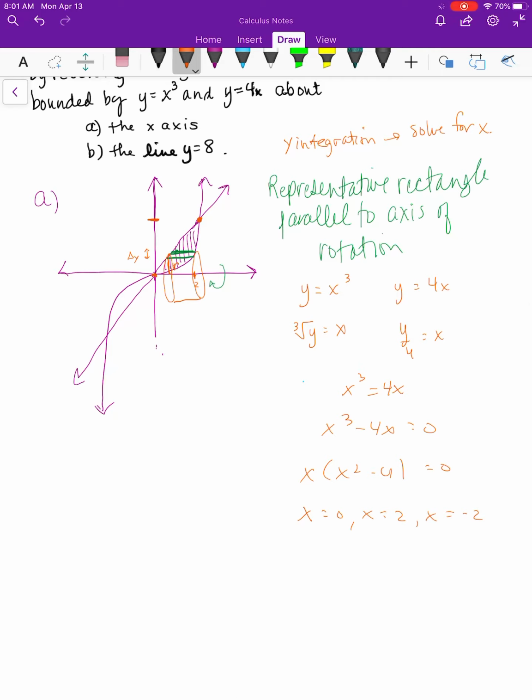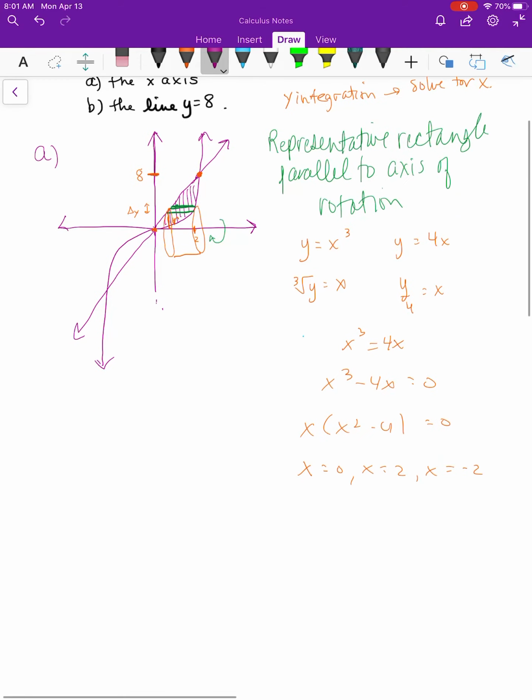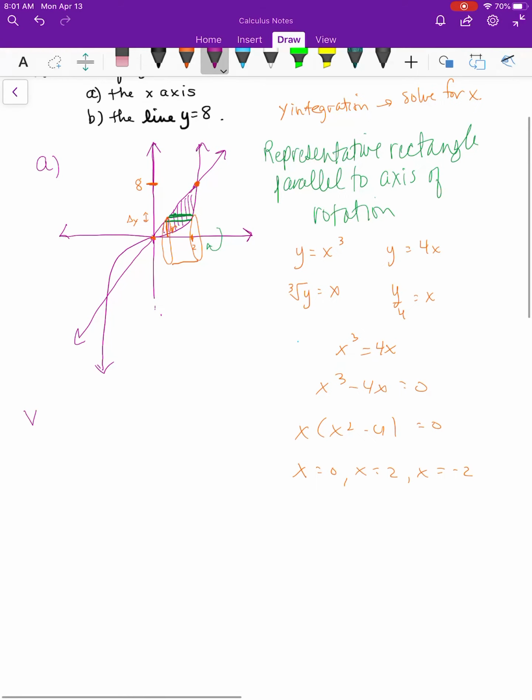So that means that this right here is 2. So if I put it into x cubed, it's 8, or if I put it into 4x, it's 8. So I know then that my upper and lower limits of integration using y integration are going to be from 0 to 8.